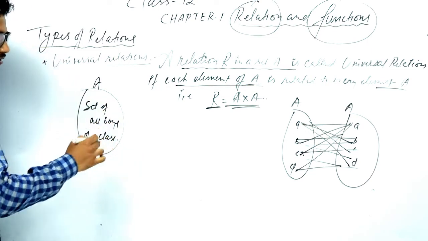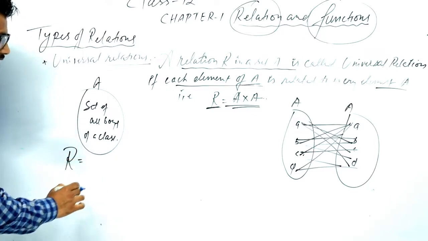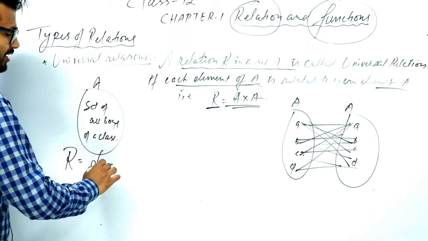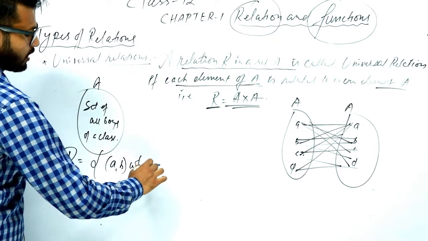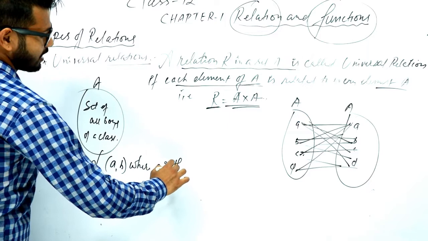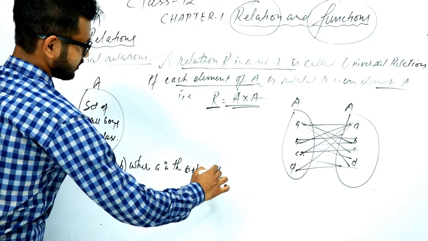A relation R is defined such that (a, b) belongs to R where a is the sister of b.